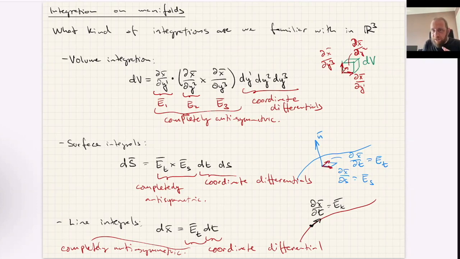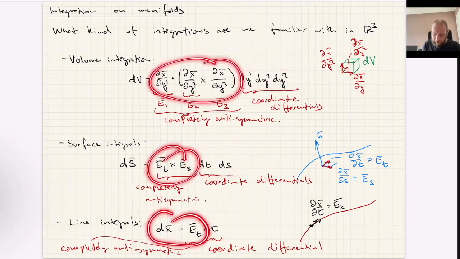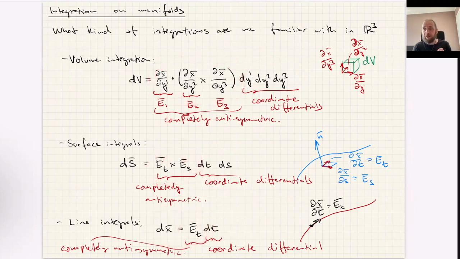But we see the same structure in all of them, right? In all of them, we have the coordinate differentials, and then something completely antisymmetric in these basis vectors. So this gives us an idea about the kind of objects that we will be able to integrate.